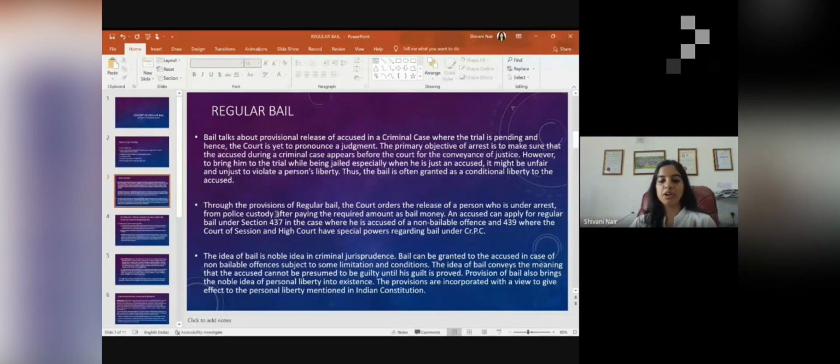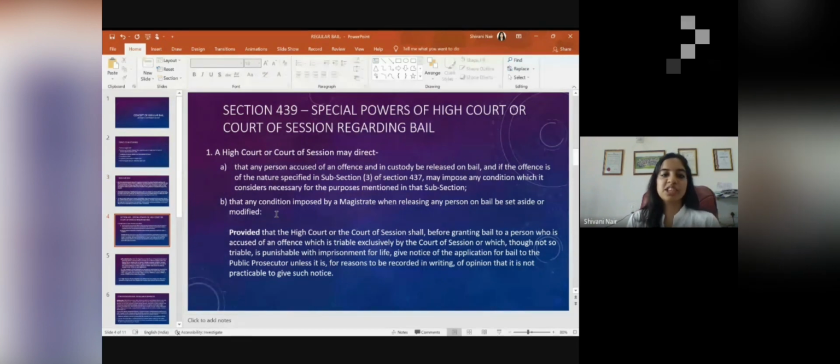For this, we have the provision of bail. Now, the provisions are incorporated with a view to give effect to personal liberty mentioned in the Indian Constitution under Article 21.